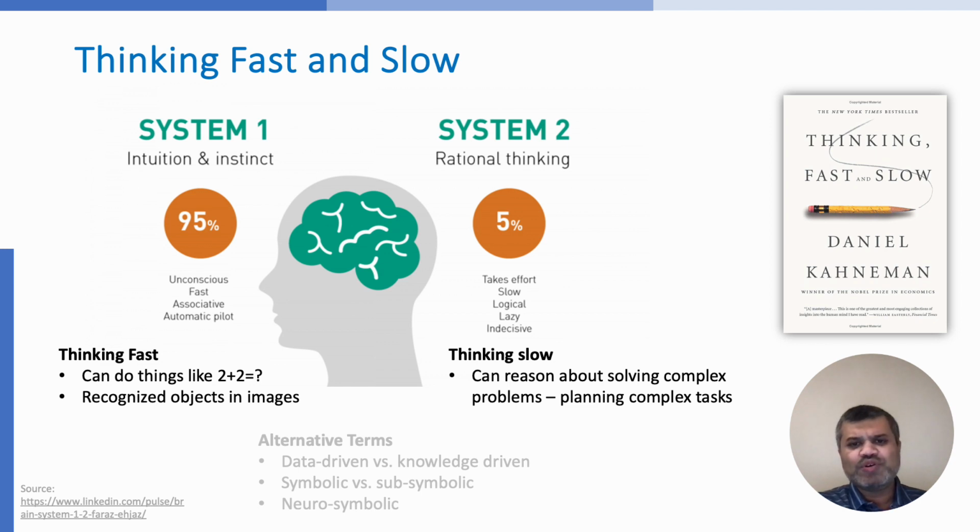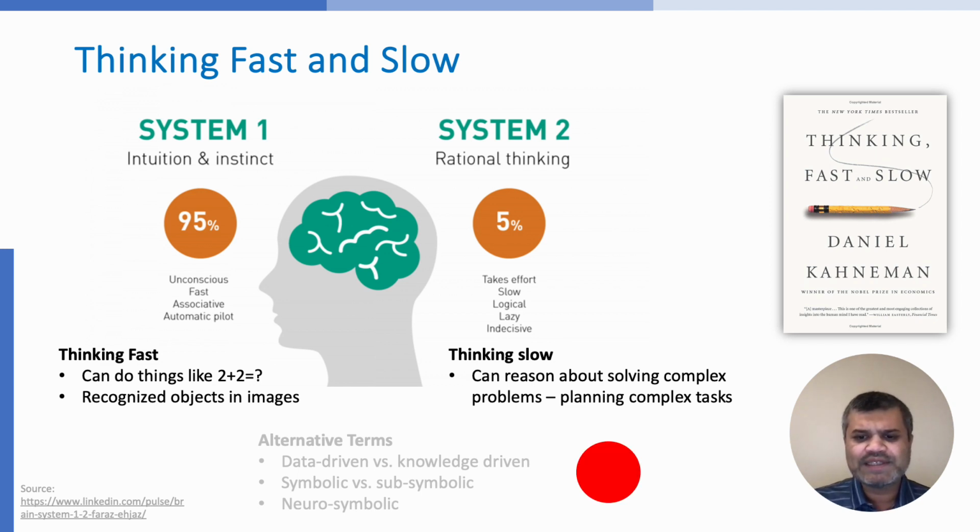And system 2, on the other hand, is a rational thinking system where we solve complex problems by planning for them, solving them in a step-by-step way, thinking about them. It's a slow system. It takes effort to solve this. Most of the tasks, like 95% of the tasks, use system 1, but we do need system 2 to solve very important parts of the actions that we take in daily life.